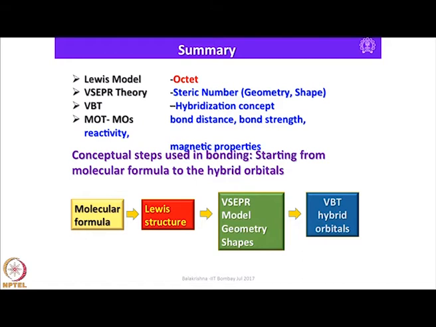So, the conceptual steps used in bonding, starting from molecular formula to the hybrid orbital, you can get information from one or the other of these bonding concepts. However, for the understanding of the complete physical and chemical properties, one has to go for molecular orbital theory.